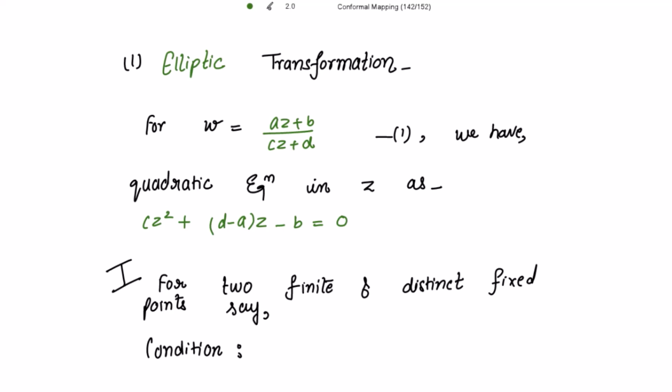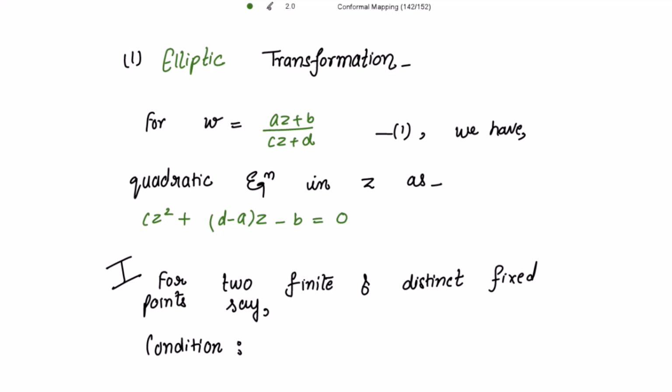So for the first case, let's take two finite and distinct fixed points, let's say alpha and beta. And the condition used is, yes, in the previous contents, I have also discussed all the conditions about the fixed points. Please check from there. Okay.